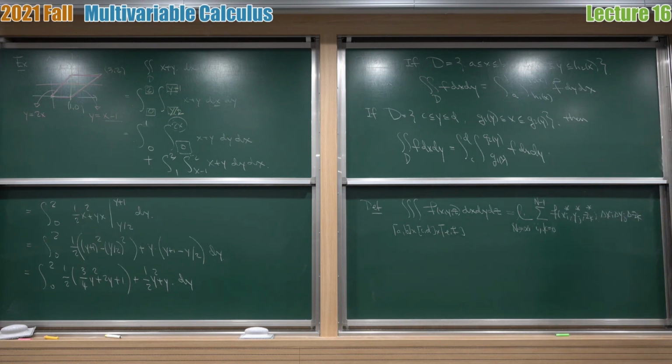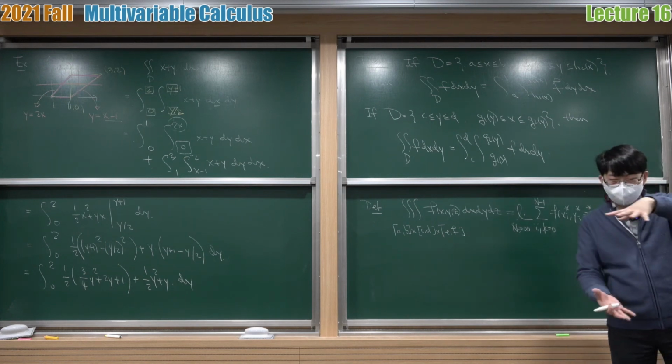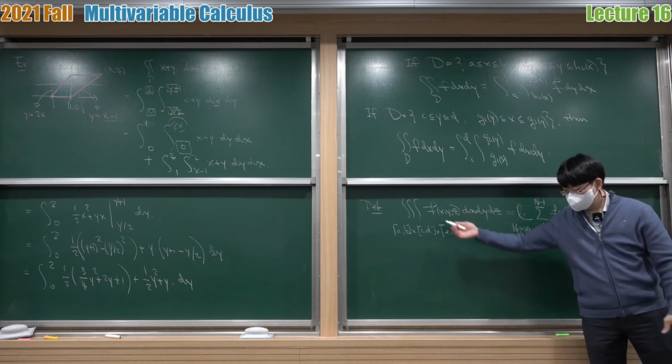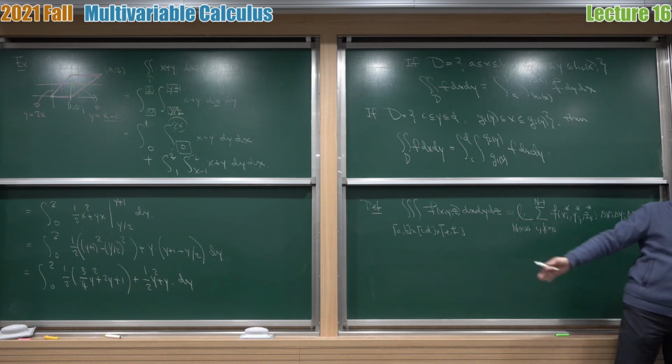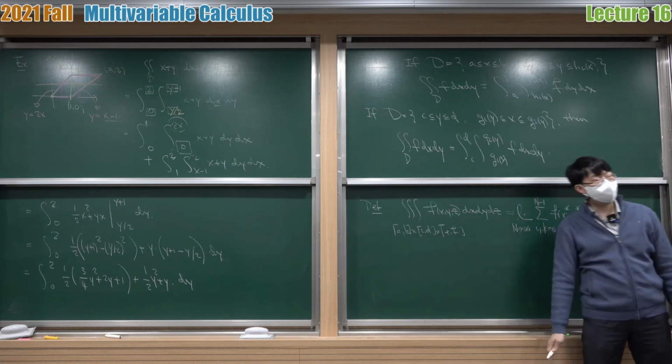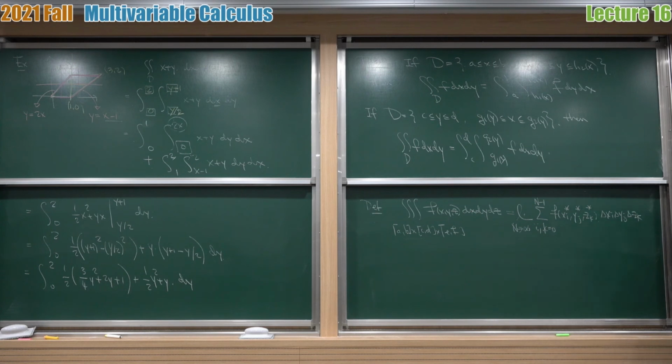It's a three-dimensional object lying inside a four-dimensional space. So we basically think about the four-dimensional region bounded by the graph of the three-variable function and the three-dimensional cube. So that's a four-dimensional thing.